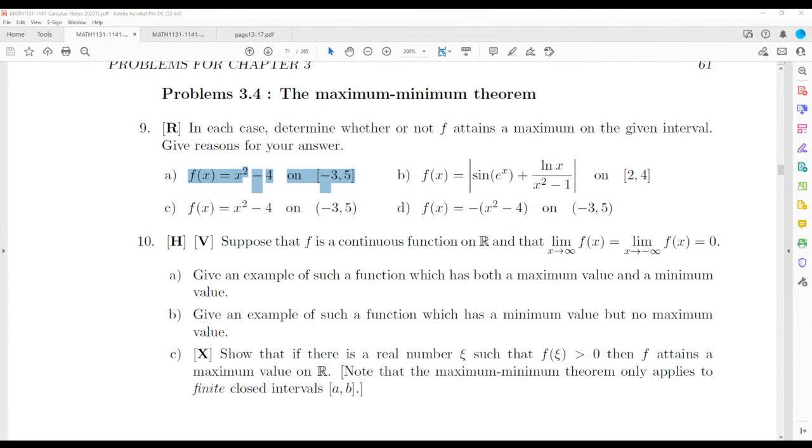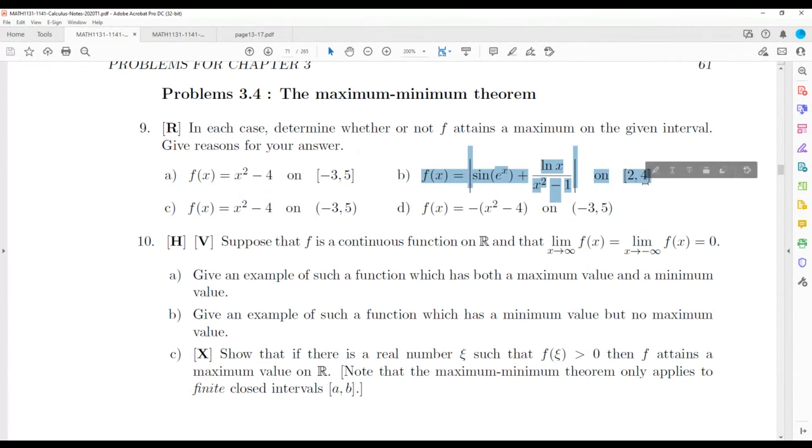And as Brendan and Oliver have pointed out, it's also a continuous function because it's a polynomial. So you could apply the min-max theorem to that function, and you definitely know that it has a maximum value.